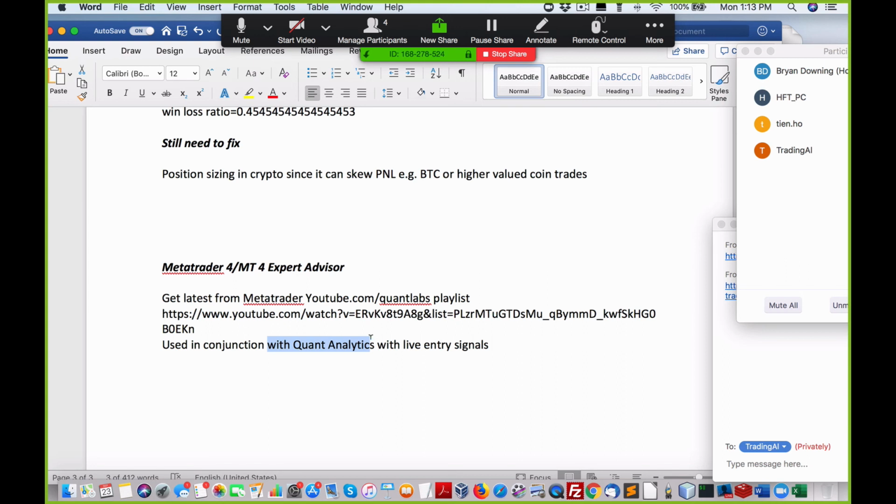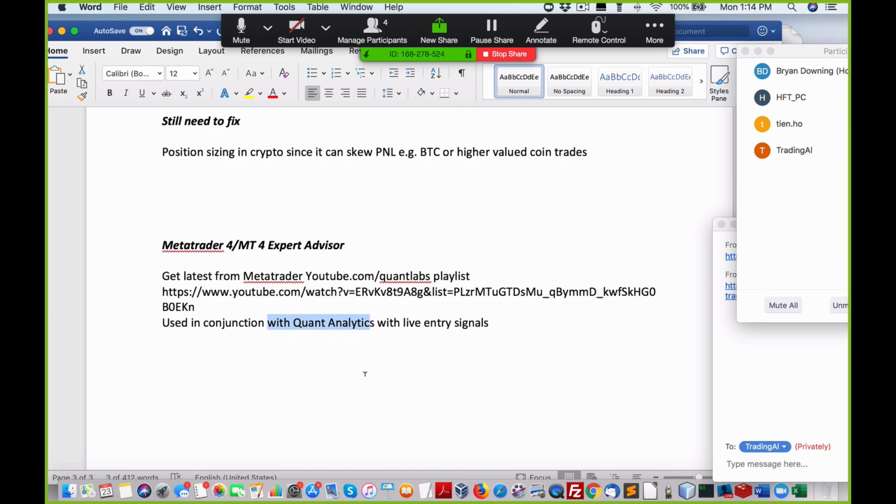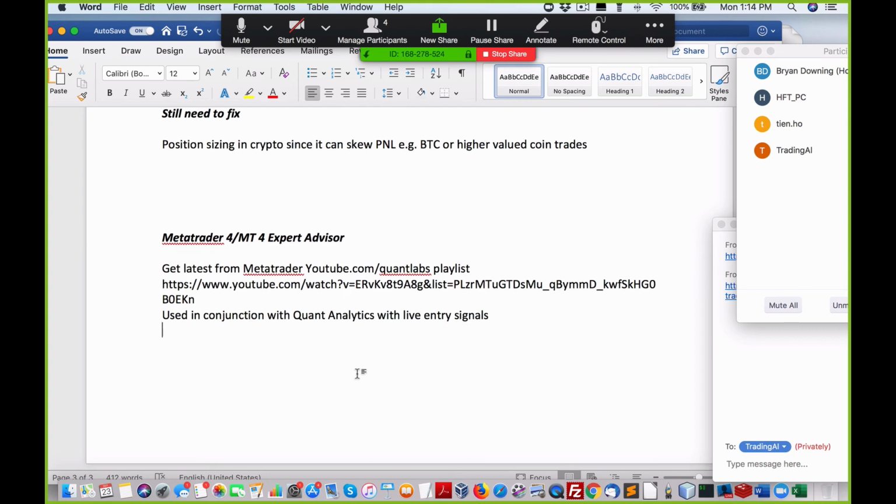I've tested it enough that once the order comes in off of the server, in your inbox you should get that entry signal or exit or any signal within 15 seconds. So it's as quick as you can get it, unless you live on the other side of the world like China or something, where you may get a delay.